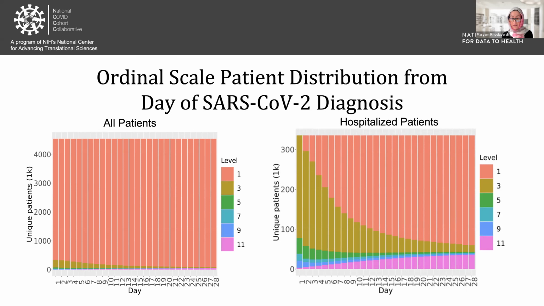In the second plot on the right, we have hospitalized patients, those who were hospitalized at least for a day within the first 28 days. Again, the x-axis is the day, and the y-axis is the unique number of patients. We see that most patients tend to improve and transfer to OS level 1 outpatient.